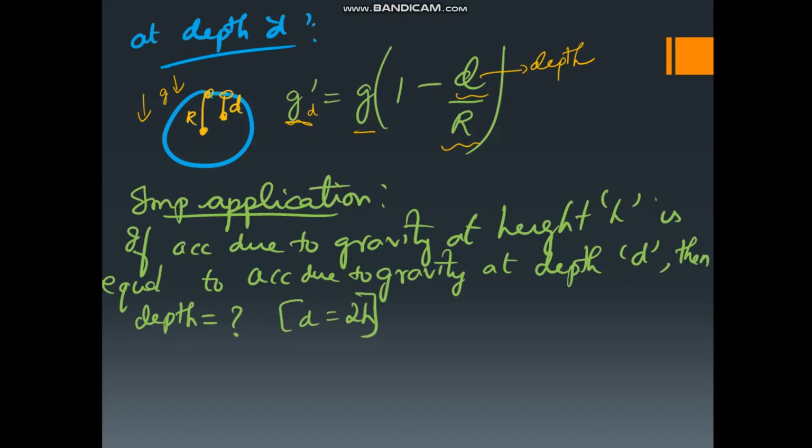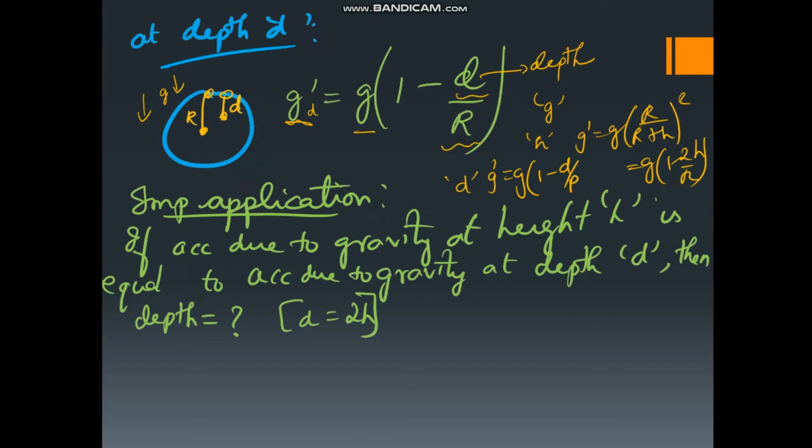Now let us recall the formulas we have learned. At the surface the value is g. At height h, g dash is equal to g into (R by R plus h) the whole square, which is approximately g into (1 minus 2h by R). At depth d, g dash is equal to g into (1 minus d by R).